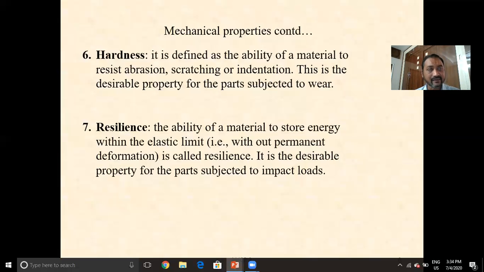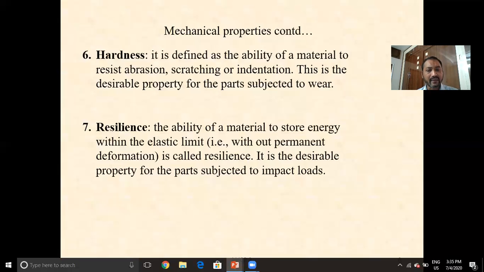In resilience, it should not produce permanent deformation, because when it is strained within the elastic limit, the material will regain its original shape and size after removal of the applied load. So it will not produce permanent deformation. Whatever deformation is produced is only elastic deformation, and after removal of the load it will regain its original shape and size.